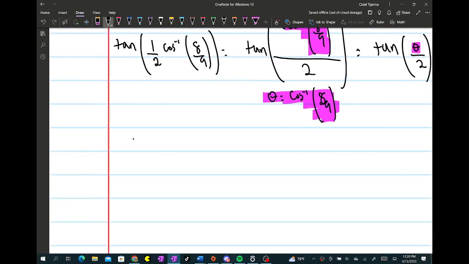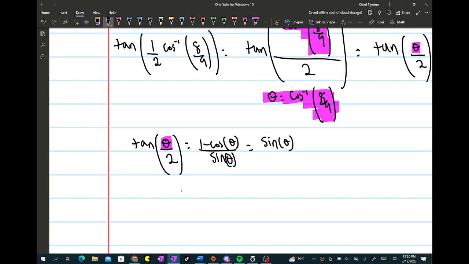And we know that tan of theta over 2 is really just going to be, and I'm going to put the two following equations: 1 minus cosine of theta all over sine of theta, which equals sine of theta over 1 plus cosine of theta.